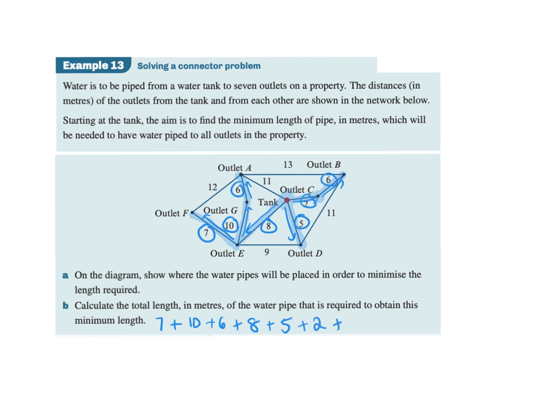If I do that, because if there's multiple numbers, I make sure I've done them all. So I've got, what's that, 7 plus 10, 17, 23, 31, 36, 38, 44. So 44, and this was pipes in meters, so 44 meters.